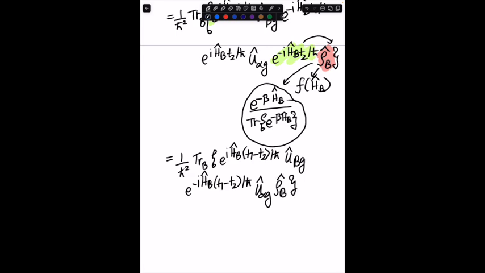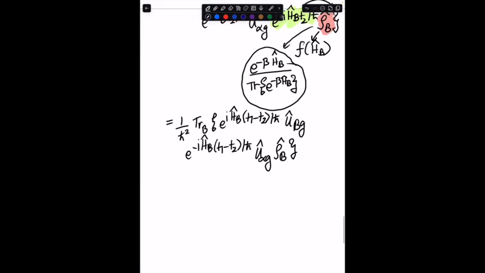So this is what you get. And it's quite obvious to see that this first term will just give you u hat beta g (T1 minus T2). So it's equal to 1 upon h bar square, trace over bath.